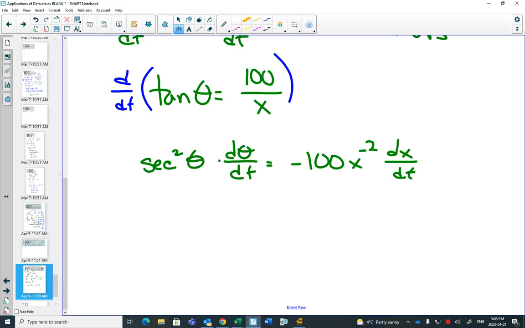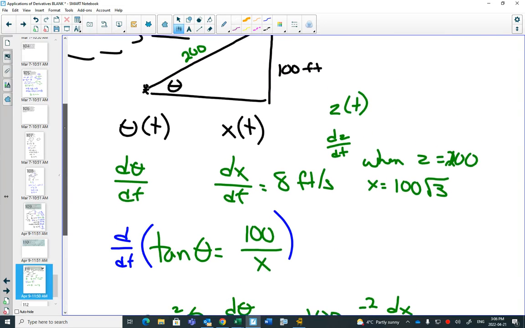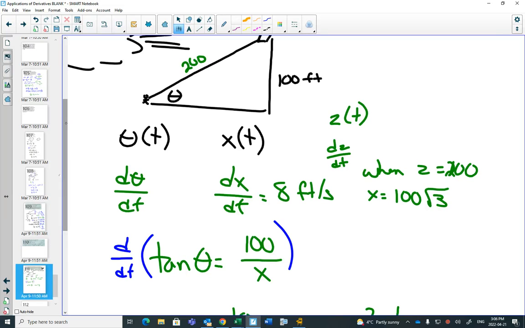And we would have secant squared theta d theta dt equals negative 100 x to the negative 2. So that x does come into play here. Okay, can we do this without a calculator? Yes. So we figured out x to be 100 root 3.